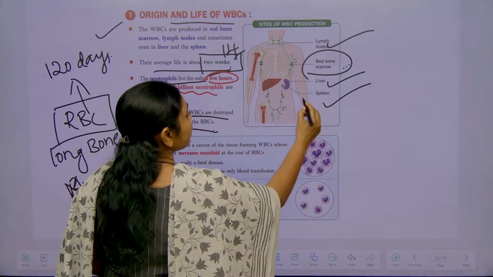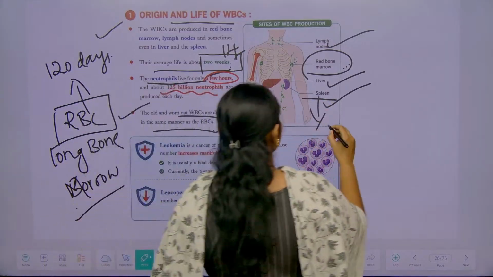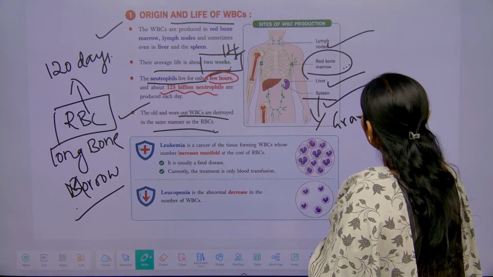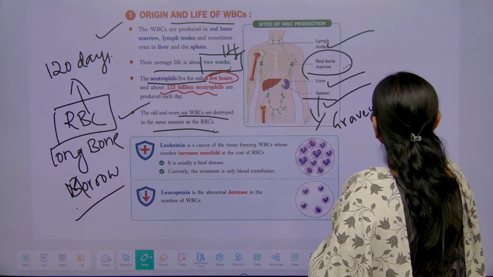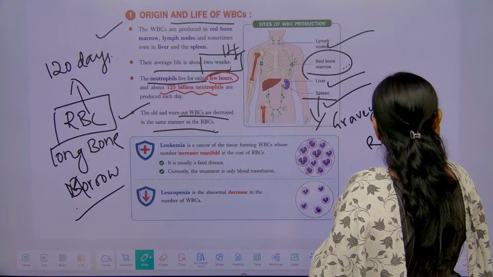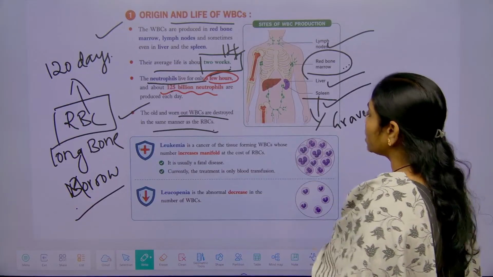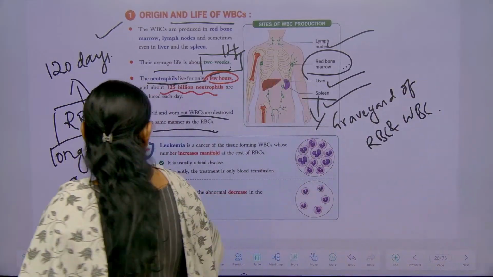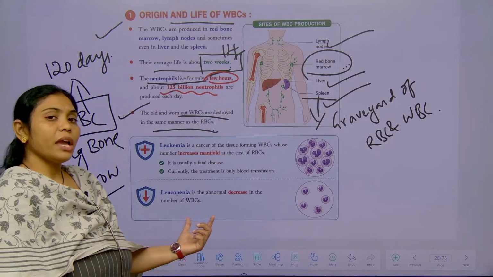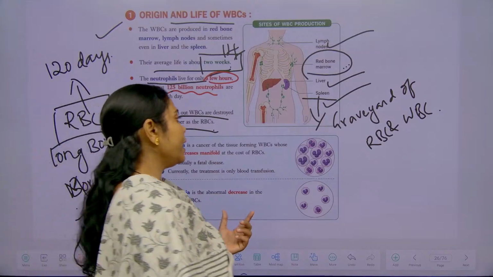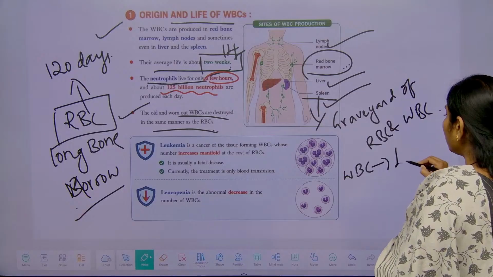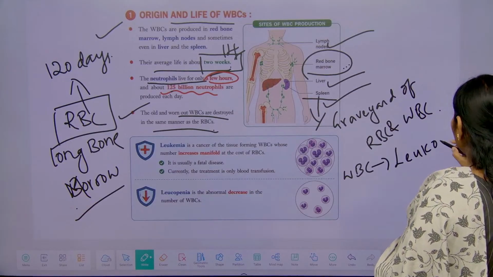That is why the spleen is called the graveyard of RBCs and WBCs as well. As we discussed, the production of RBC we call erythropoiesis, and the production of WBC we call leukopoiesis. What are we calling?